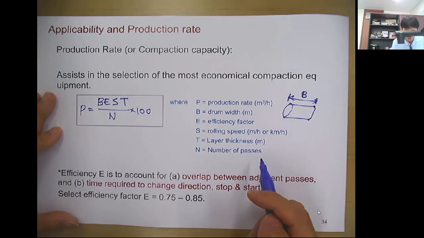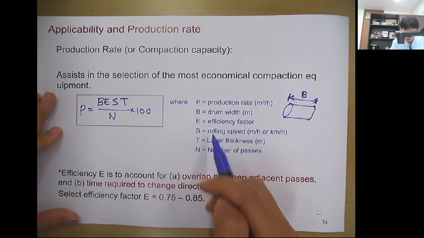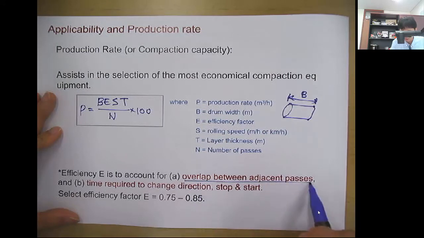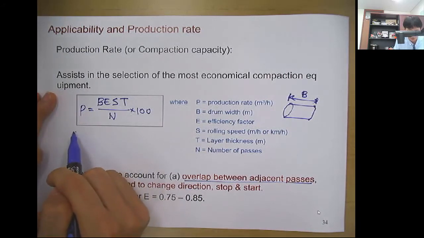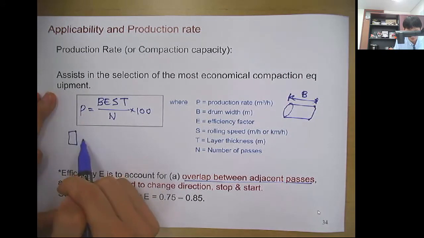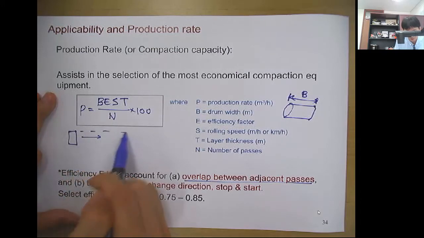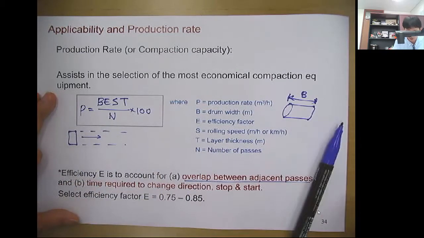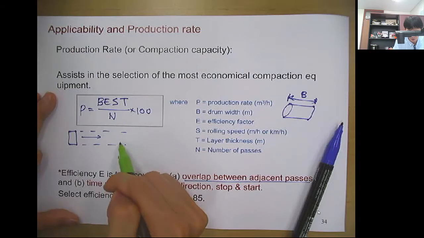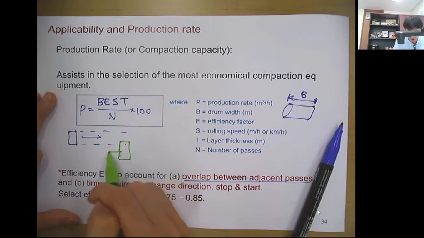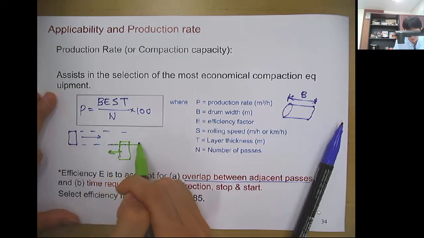So here the efficiency factor is to account for the overlap between adjacent passes. So if your drum is going this way, and then it comes back with some overlap this way, this is the overlap, right?